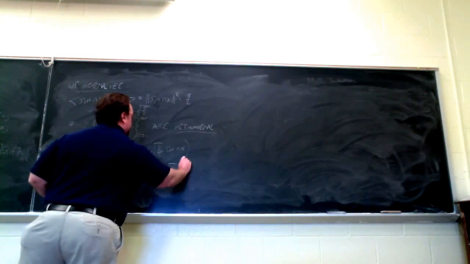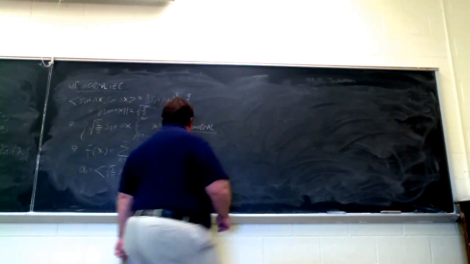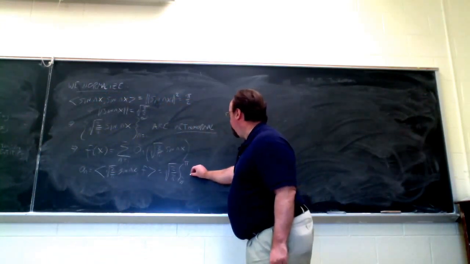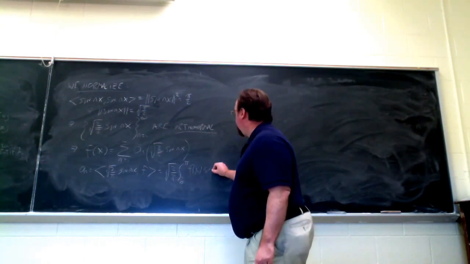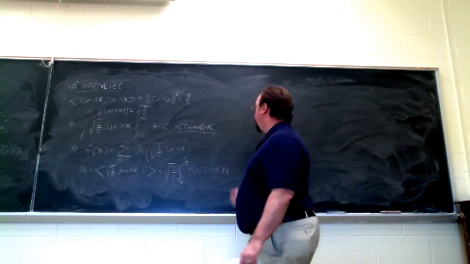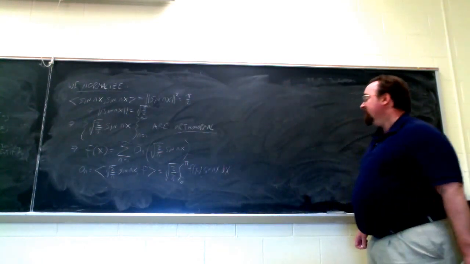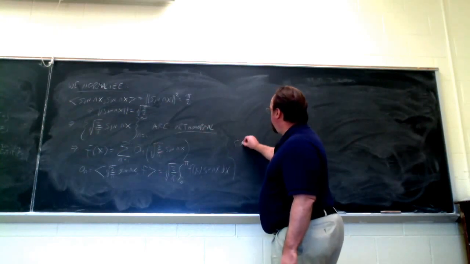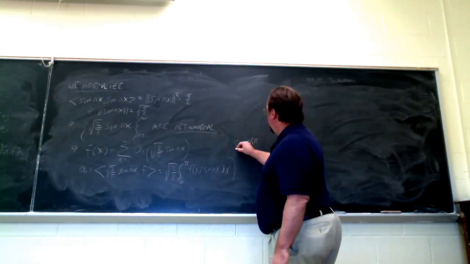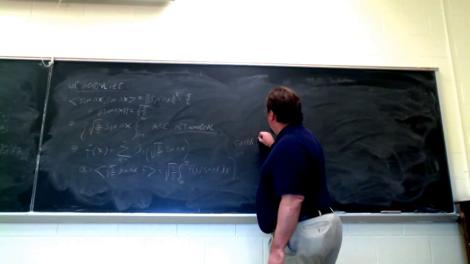So that's just going to be square root of 2 over pi times the integral of f of x sine nx. And this is called a Fourier sine series.